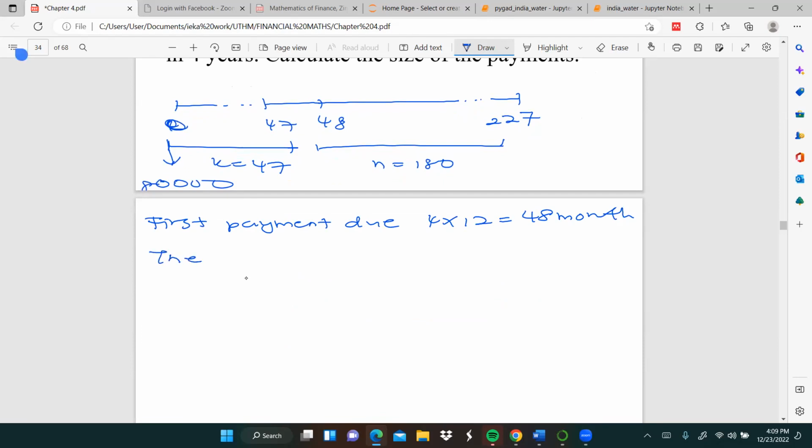Okay, the deferral period is 48 minus 1, so 47. Okay, is equal to 47.